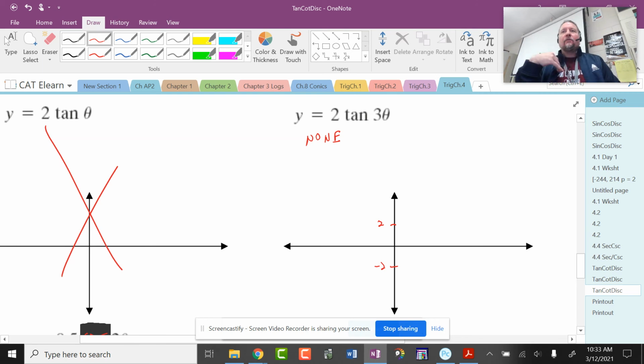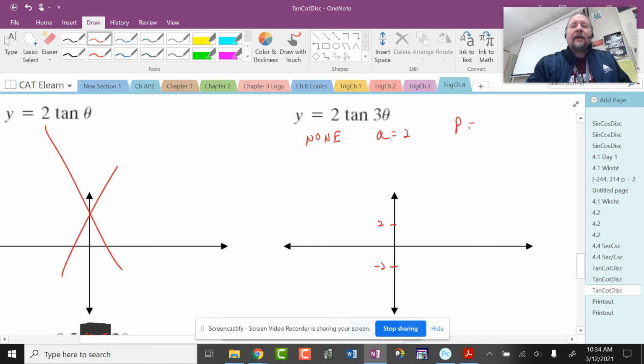I presented that to you already. Remember, sine and cosine have an amplitude because there's a high and a low. That's what that means. Secant and cosecant and tangent and cotangent go off to infinity and negative infinity. So no amplitude, but A is equal to 2. I know that's confusing, right?